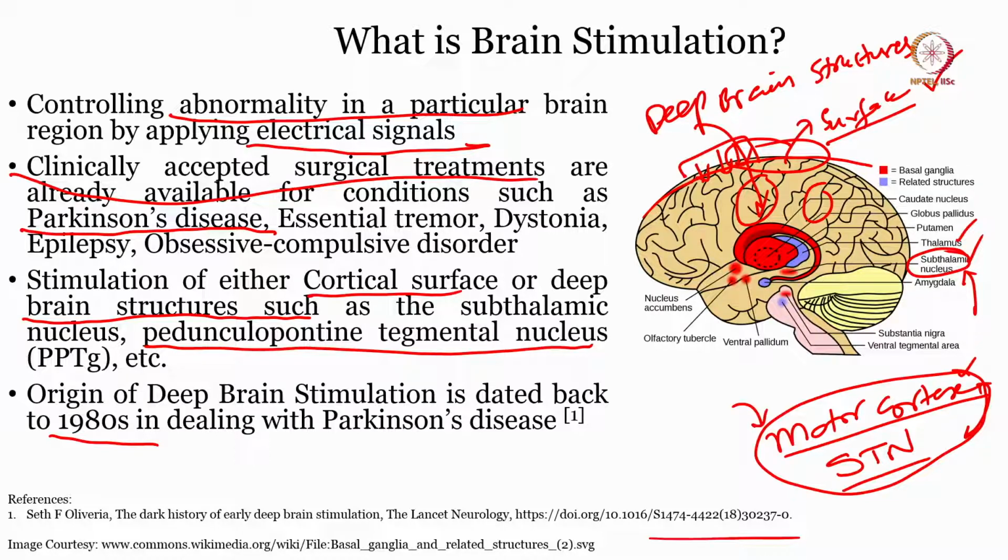Now we are very clear about the ideal situation. We understood what brain stimulation is: you are stimulating a particular region in the brain by using electrical signals. How we are going to supply these electrical signals, what kind of circuits are involved and all those things, we will discuss.